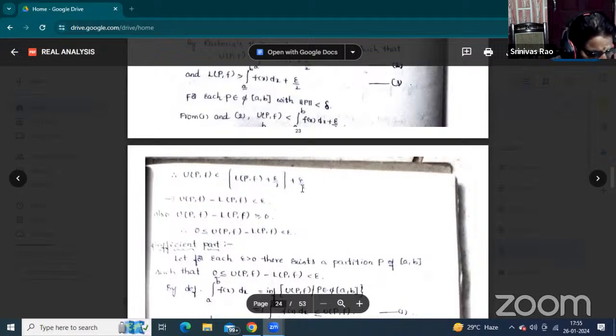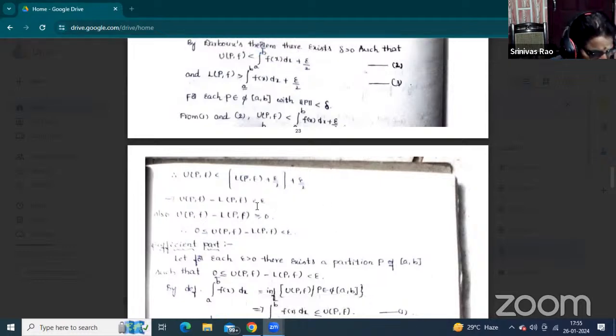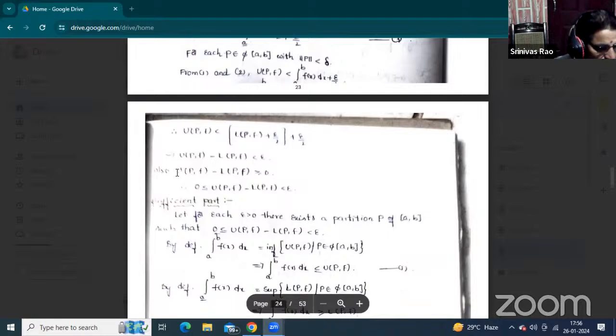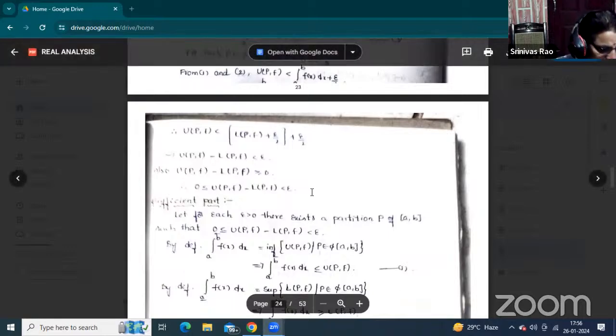Epsilon by 2 plus epsilon by 2, so that value is epsilon. So upper Riemann sum minus lower Riemann sum is less than epsilon. That is the simple concept. So the oscillatory sum is less than epsilon, but from the given condition it is also greater than or equal to 0. So that's why the necessary part is derived.